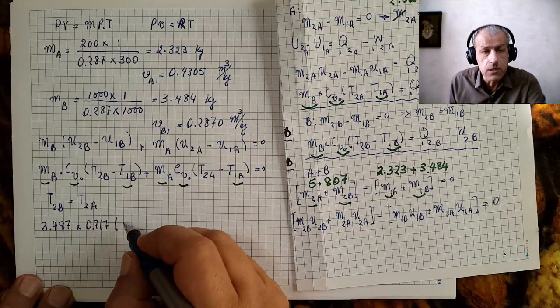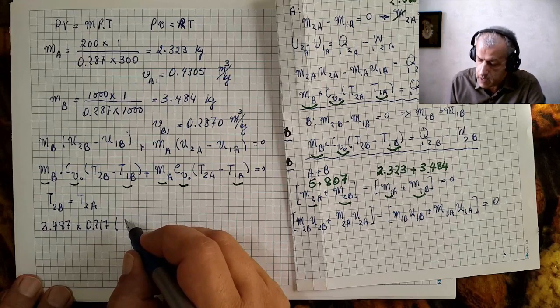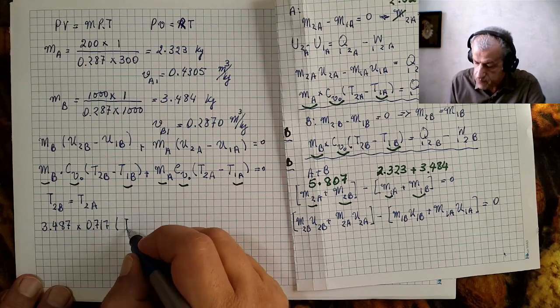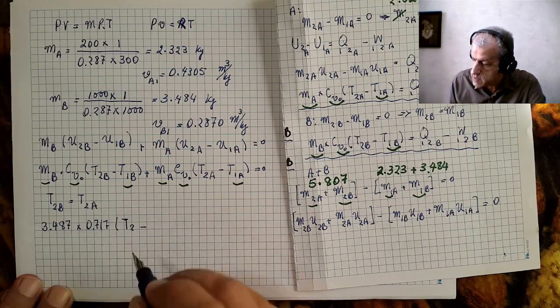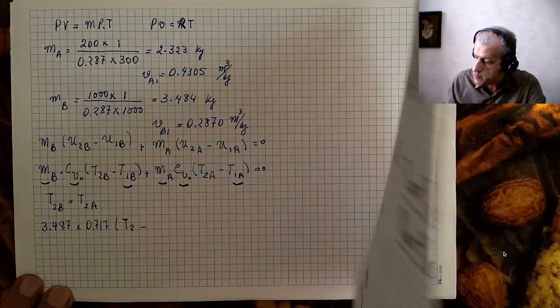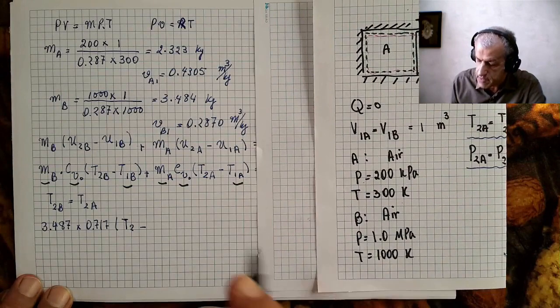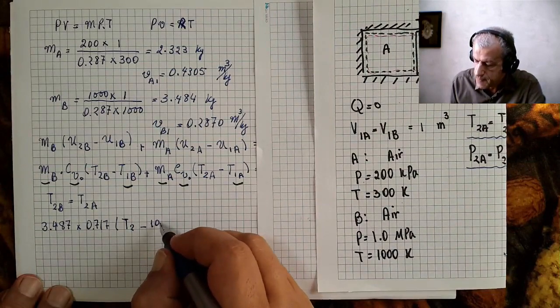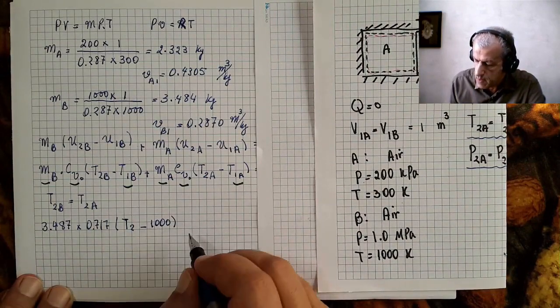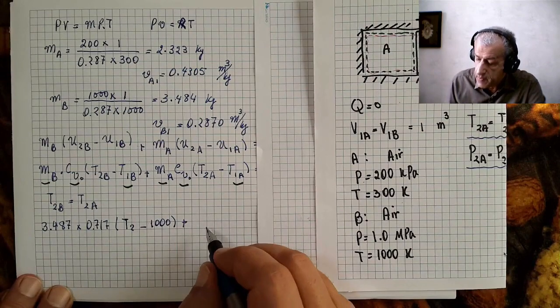I would write it as T2 just to simplify it for both A and B, which is the same. Plus MA.